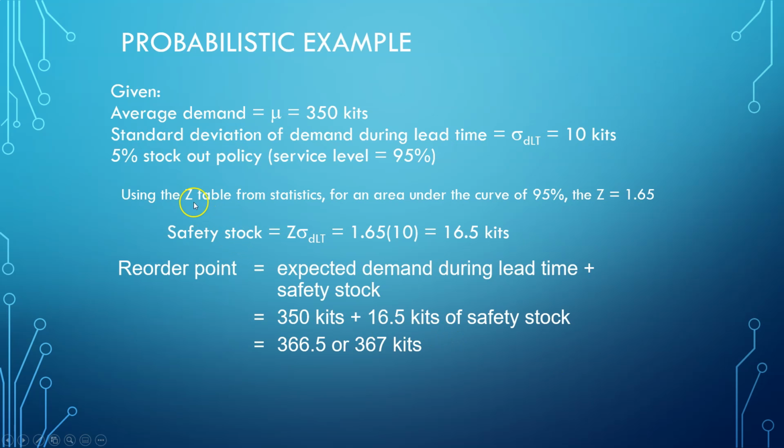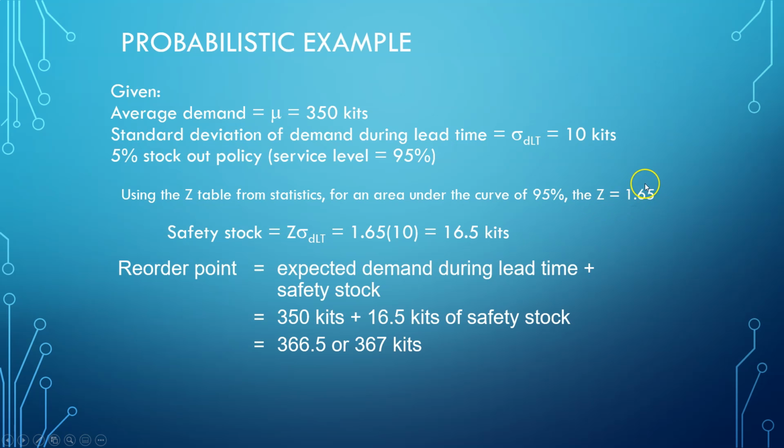The Z table is in most statistics books. At the end of the book, you can find the Z table that will show you the Z value for 95% level of service, which equals 1.65.